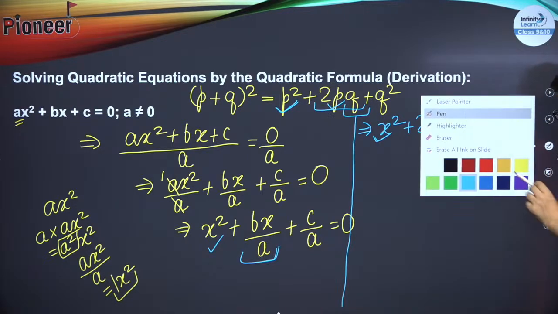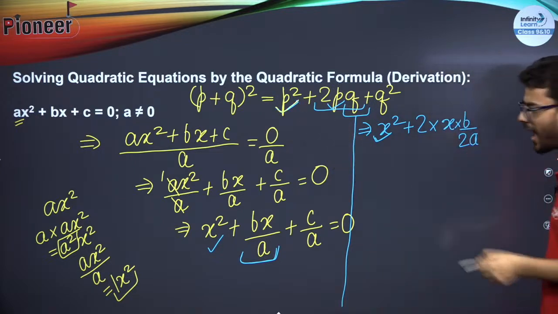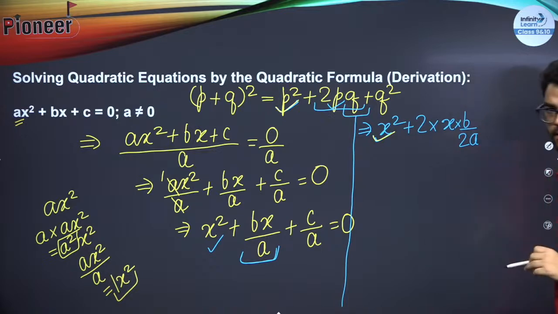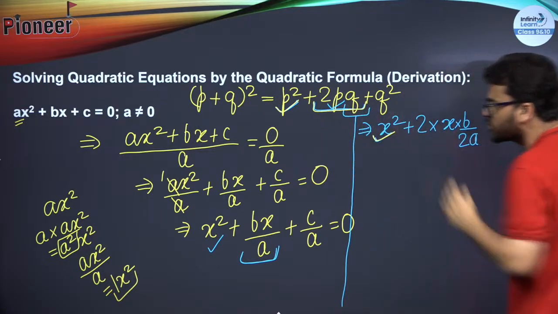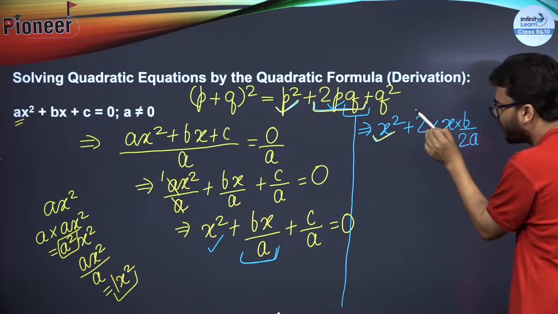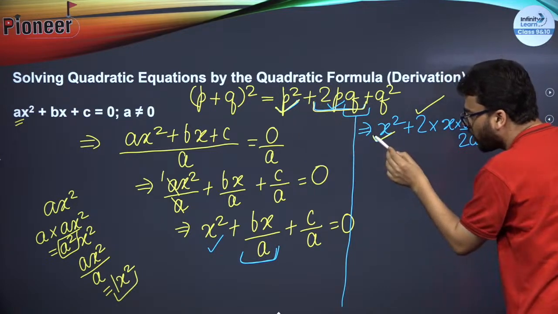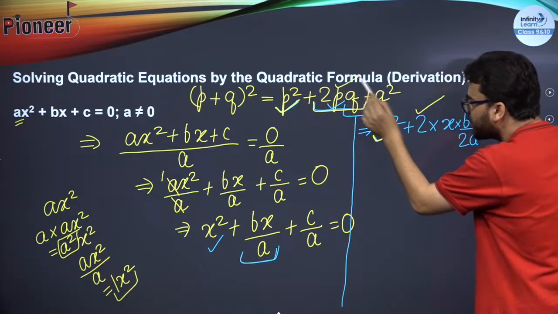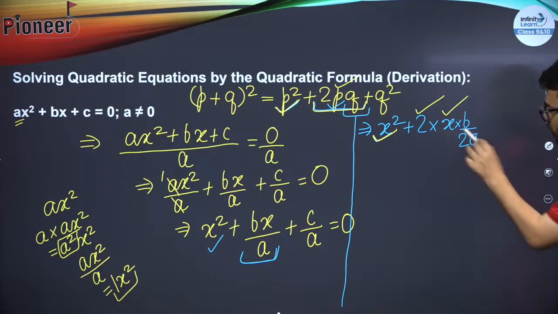Sushma, understand one thing. I have got p square in the identity, and I have got x square over here. In order to fit the identity, I want 2pq. So I have written 2 on my own. In place of p square, I have got x square, and over here it is p, so I must have x.